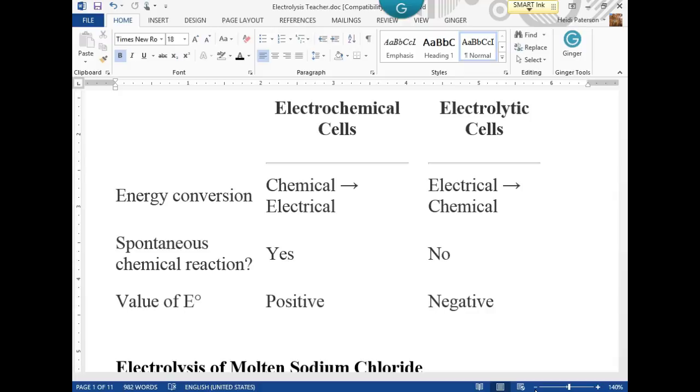One of the most famous electrolysis reactions is that of molten sodium chloride. Sodium chloride is salt, the salt that you put on your food, for example.